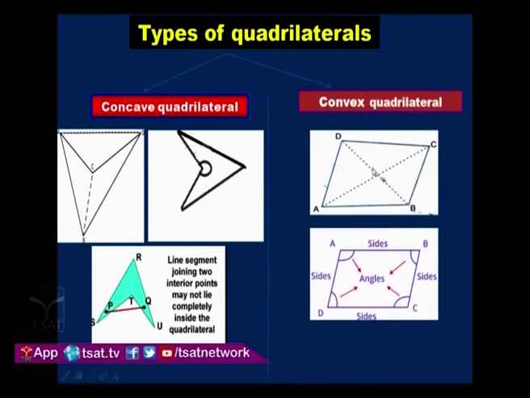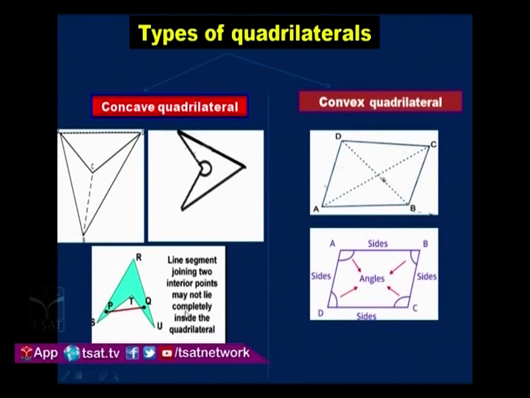In this figure, both the diagonals are in the interior of the quadrilateral, but in a concave quadrilateral, one diagonal is in the interior and the other is in the exterior of the quadrilateral. So, this is also a difference between concave and convex quadrilaterals.